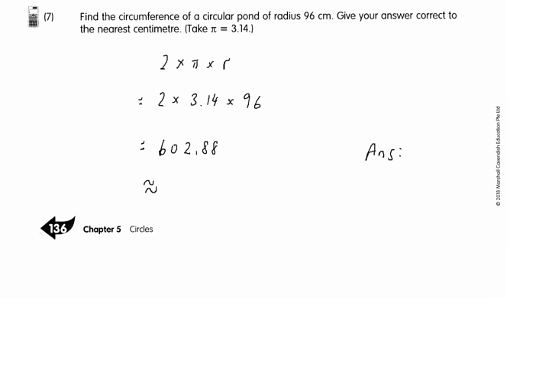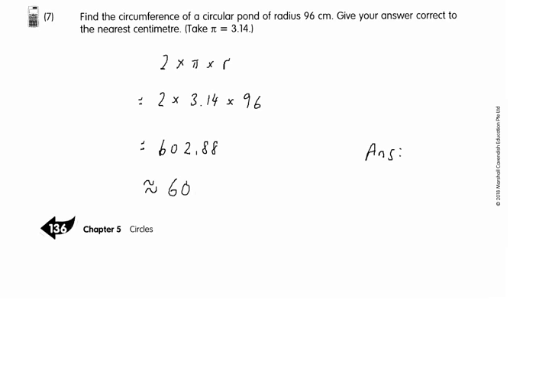Nearest whole number. Okay, Kaylin, are you paying attention or not? Nearest centimeter means what? There's no decimal place, means what? Round off to nearest what? Nearest whole number. Okay, so it's 603.